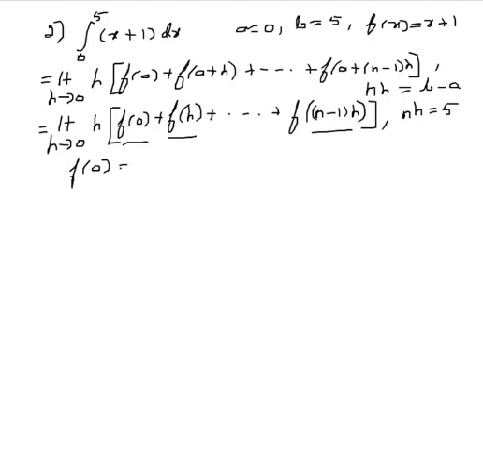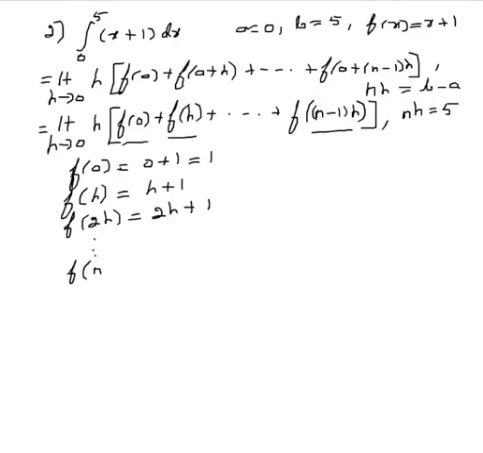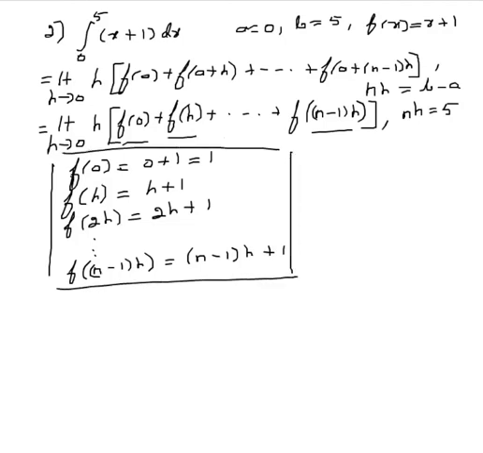Let us find f of 0. f of x is x plus 1. f of 0 will be 0 plus 1, which is 1. Second term, f of h is h plus 1. Next term will be f of 2h, which will be 2h plus 1, etc. Last term is n minus 1 times h, which is n minus 1 h plus 1. We have to add all these expressions and substitute in the formula.